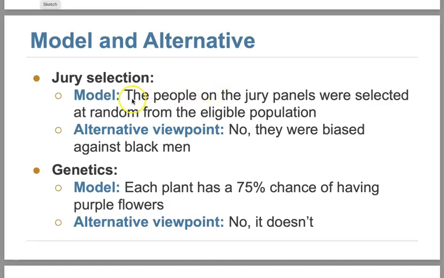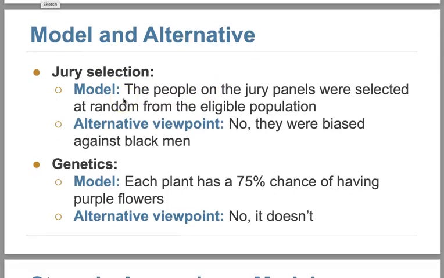The model suggests the people on the jury panel were selected at random from the eligible population. According to this assumption, we repeat many times to do our simulation. Then we compare using the results from our model simulation, like the Robert's case. They have 8%.